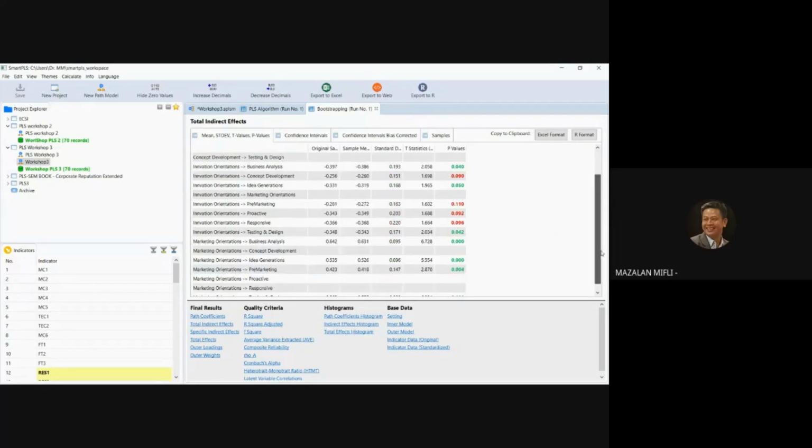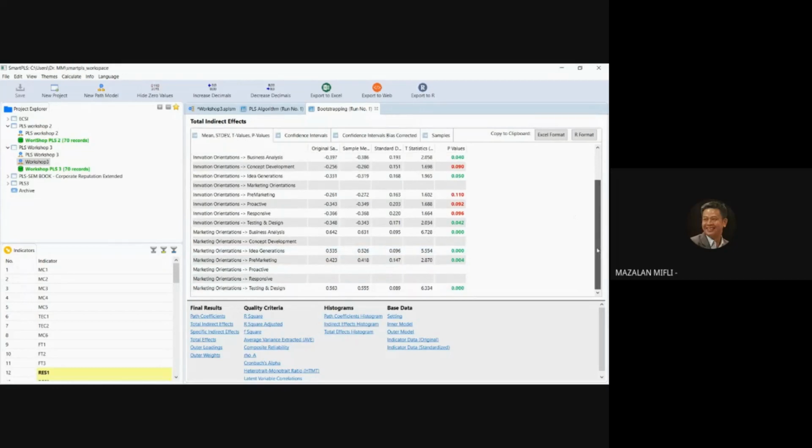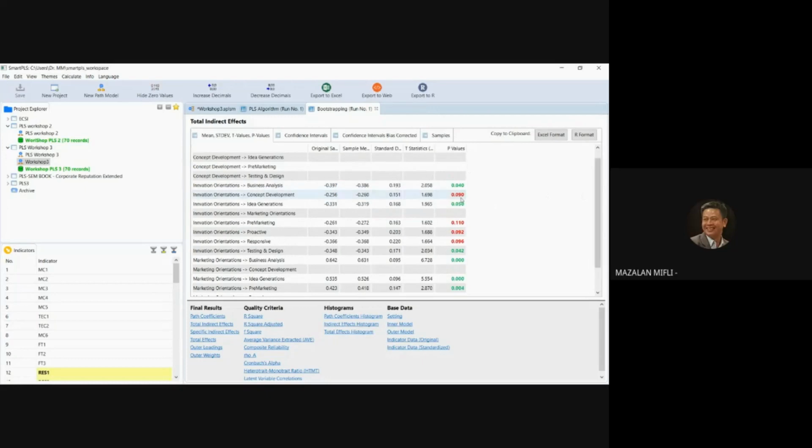Which one do you want to look at? The one you need to look at is innovation orientations. There you go. It's not significant, but it is almost.